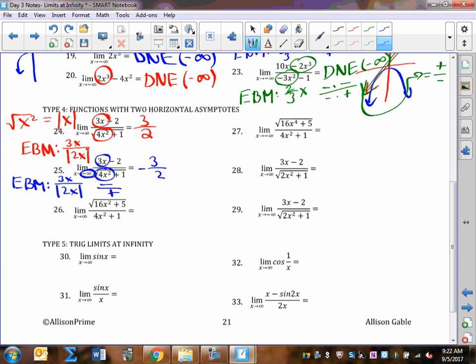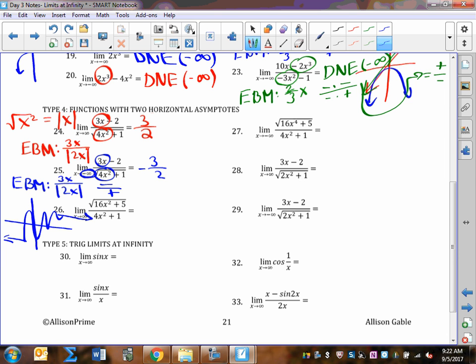So this function, 3x minus 2 over the root of 4x squared plus 1, has two different horizontal asymptotes at the ends. On the right-hand side, who knows what's going on in the middle, but on the right-hand side, it's headed to positive 3/2, and on the left-hand side, it's headed to negative 3/2. Some craziness is happening here, I don't know.